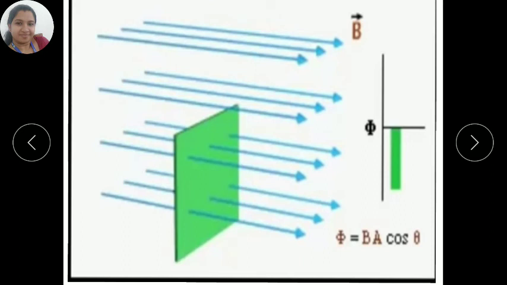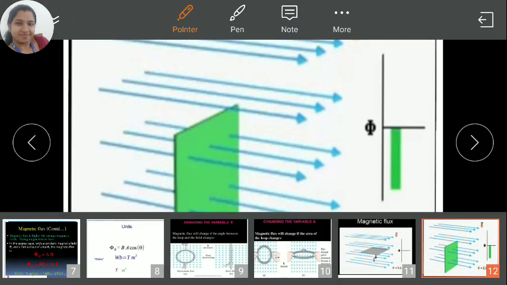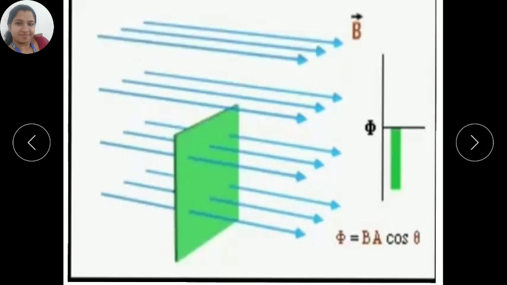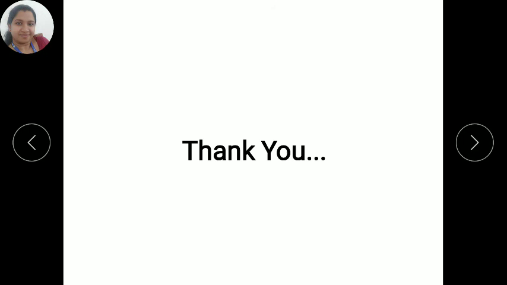So in the parallel case, the area vector is perpendicular, theta value is 90, so phi is equal to 0. In that case, we get the minimum value of flux. Thank you.